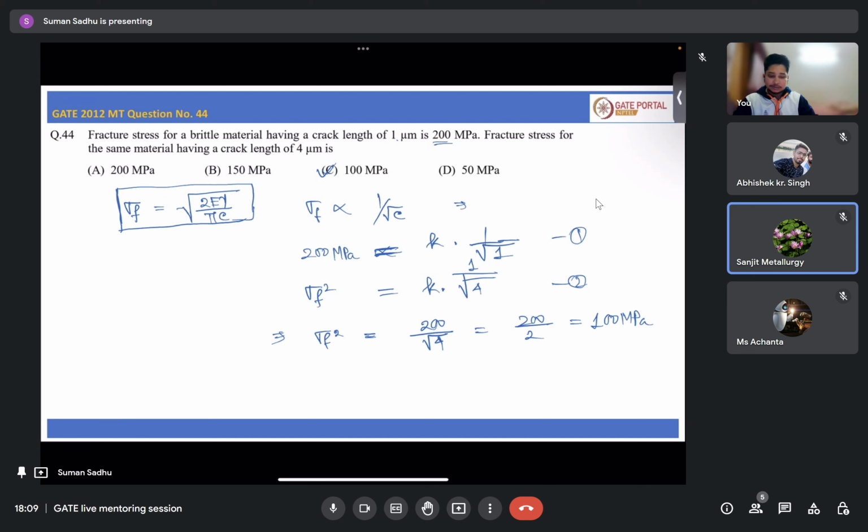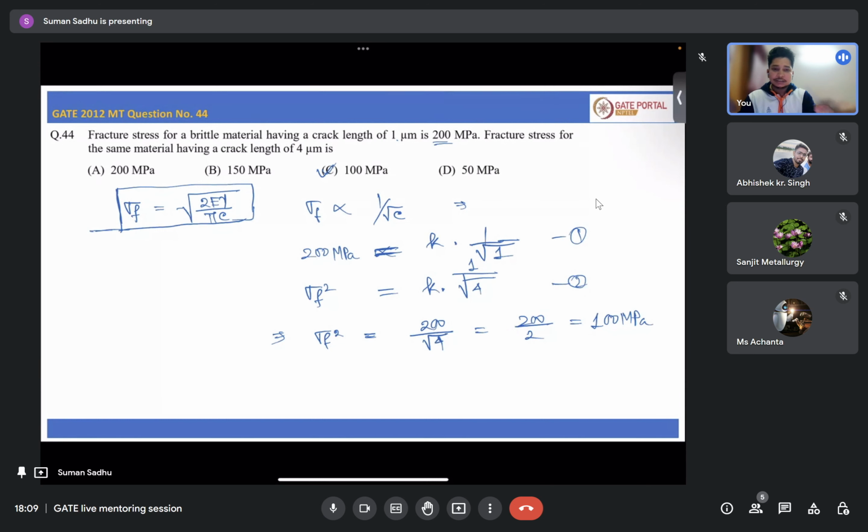Yes. So before this theory, people were calculating the theoretical cohesive strength, and that value is much higher than the actual fracture stress. So then Griffith proposed that brittle material generally consists of very small micro cracks inside the samples. Near the micro cracks, stress concentration develops.